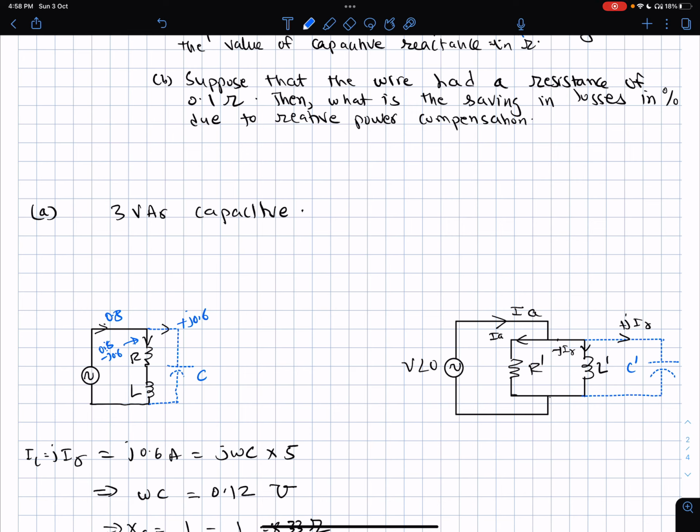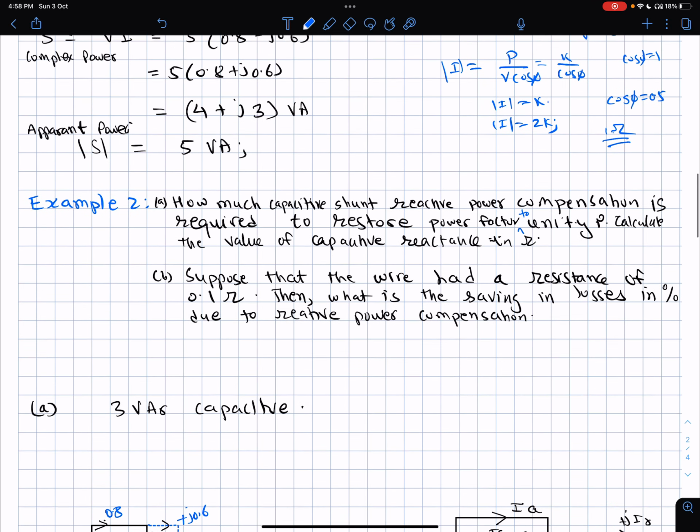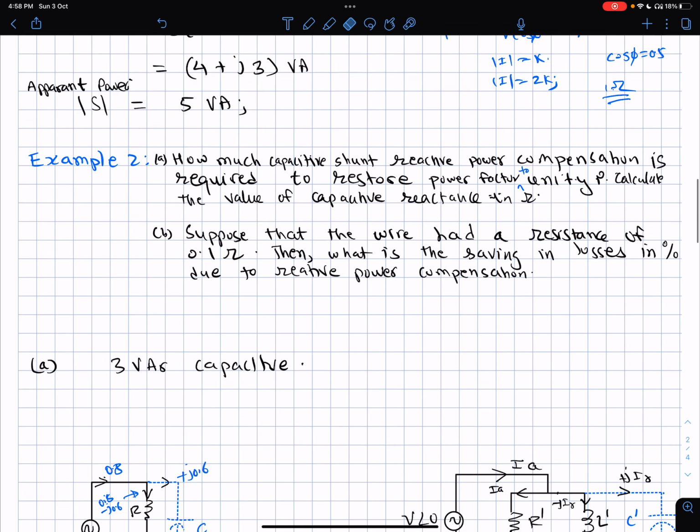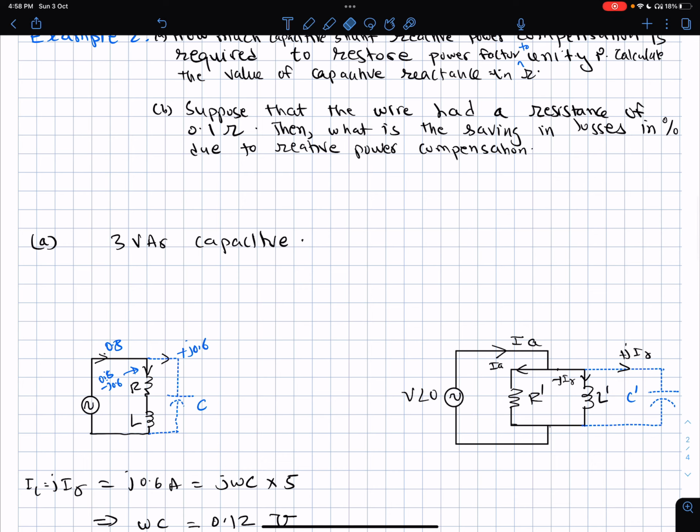So the current which was 1 ampere would now reduce to 0.8 amperes, which basically means that if the resistance in the wire, which is around 0.1 ohms, is a very small resistance so that my original current calculations can be used as an approximation, then you can see that the reduction in the current will cause a reduction in the losses in the wire, and therefore it will improve the efficiency.